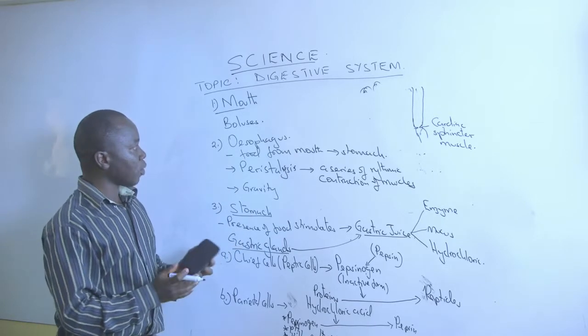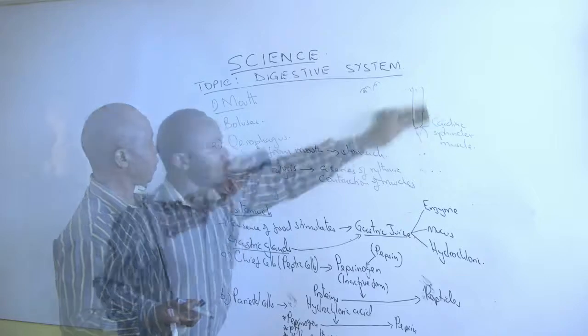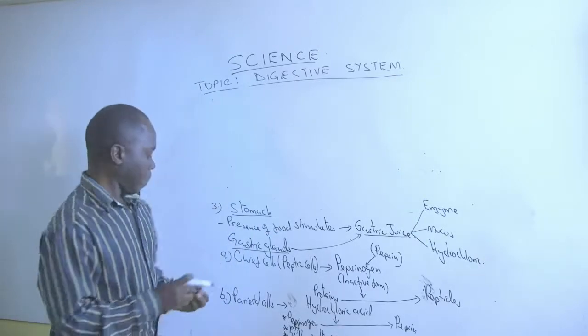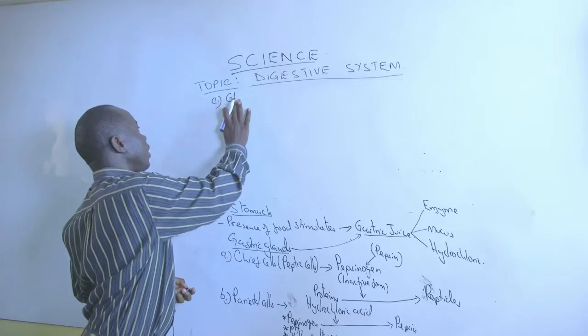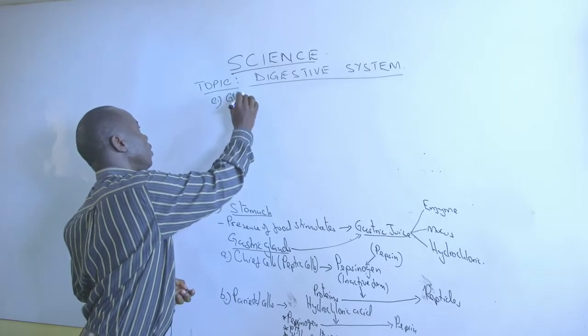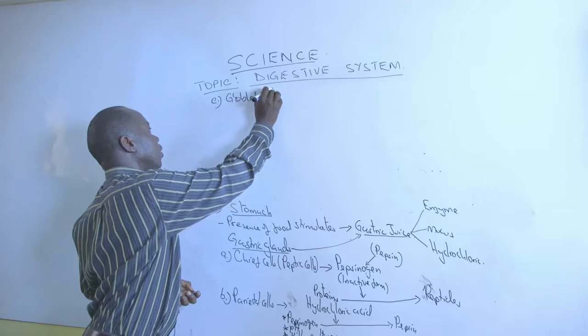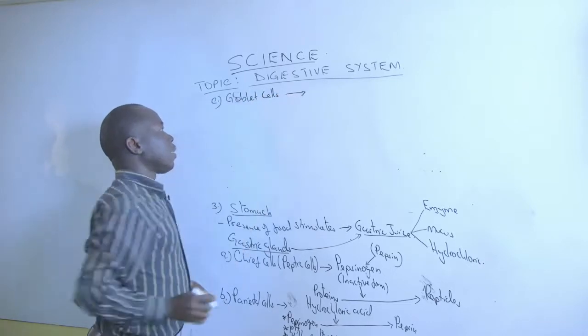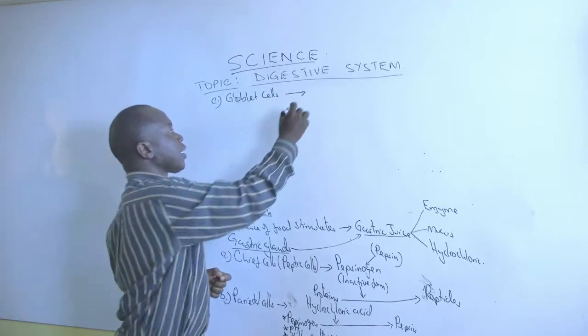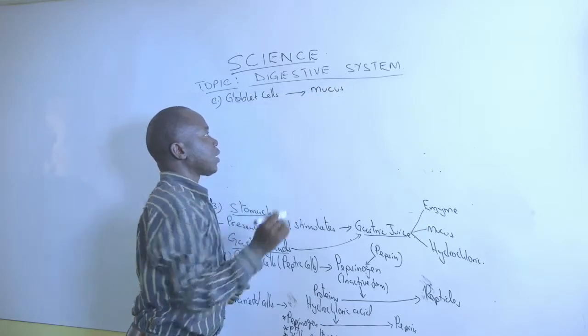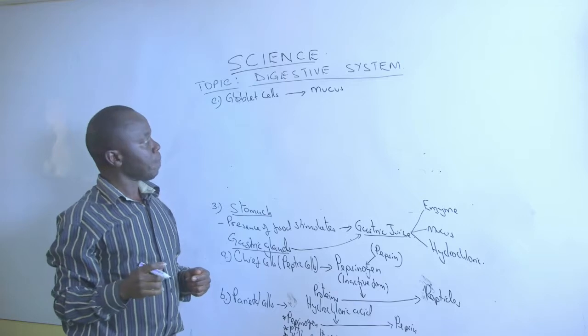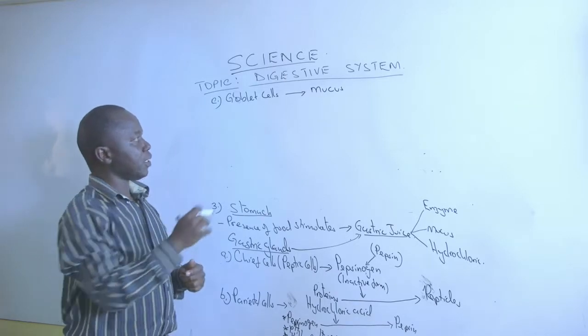And then on the stomach walls, we also have cells called goblet cells. The role of goblet cells is to secrete mucus. Mucus is important in digestion.